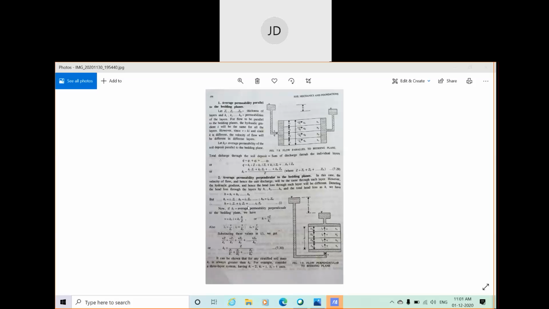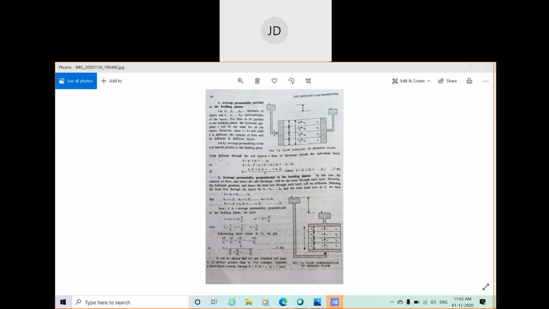Just write all these values in this equation, that is the value of I1 and the value of H. Simplifying this, you can find this relation: V into Z by Kz equal to this equation. Simplifying this relation, you can find the value of Kz, the coefficient of permeability perpendicular to the bedding plane. That is Kz equal to Z divided by Z1 by K1 plus Z2 by K2 plus so on, where Z is the total thickness of the layer.